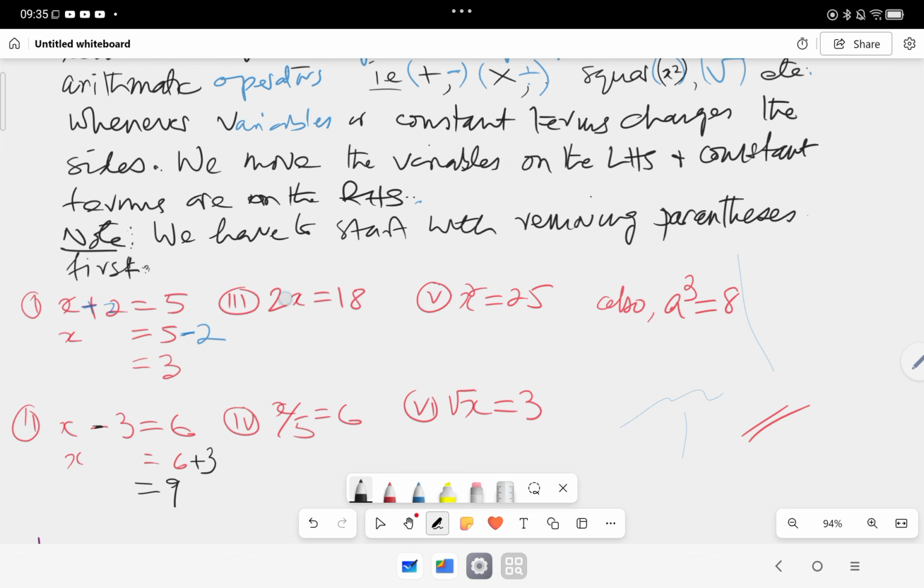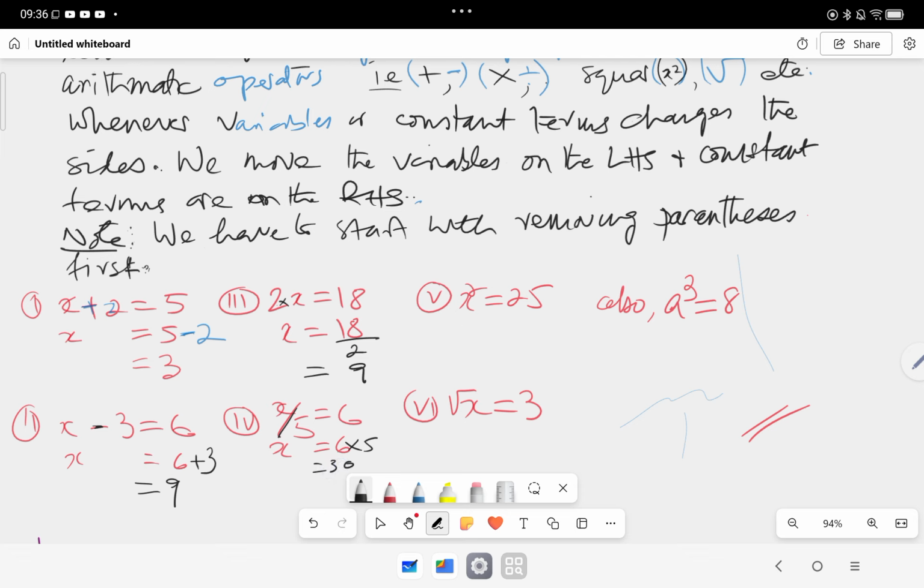In terms of multiplication, similarly, 2x is equal to 18, and this time we divide by this 2. So this will give us 9. Dividing, x over 5 is equal to 6, and this division sign becomes multiply, which will give us 30.